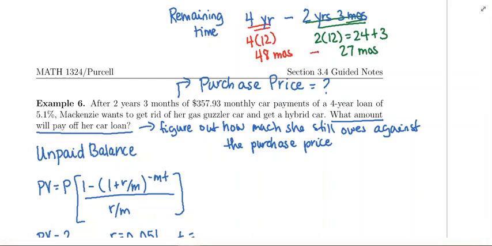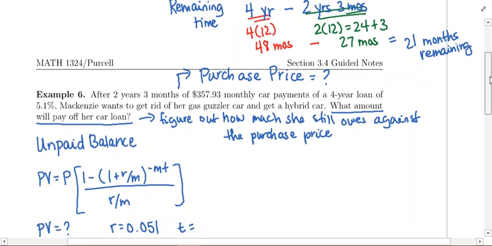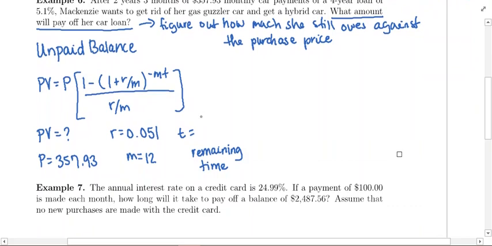The 4 years are 48 months minus 27 months. 48 minus 27 is going to be 21 months remaining. Since time is a variable, it has to be a yearly amount, so you need to convert 21 months to years. You take the 21 and divide it by 12. That is the remaining time.